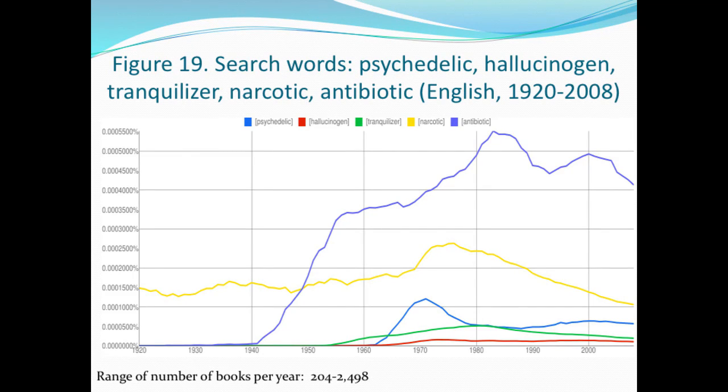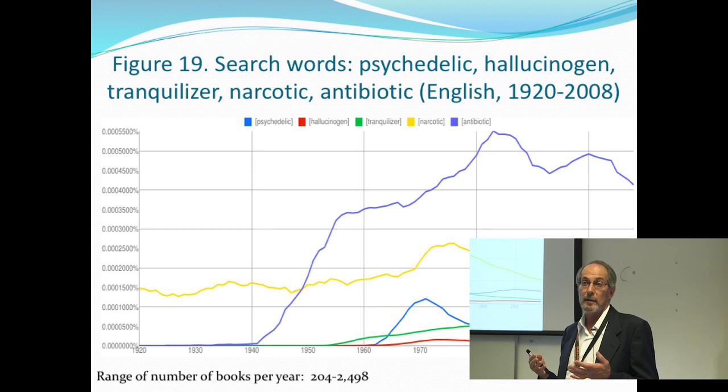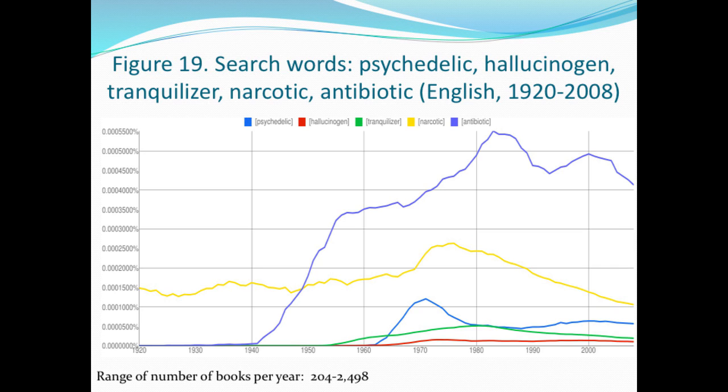If you do tranquilizers plural, it's almost four times as many. So then you get a good sense that in the literature of that period, using the singular form of the word was not the popular way people wrote about it. It was the plural, tranquilizers. And we also did the same thing with narcotics and antibiotics and saw really different results from those as well.